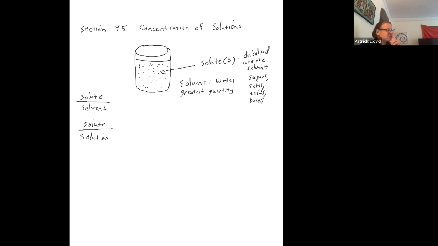So once you've got a solute and a solvent, you've got yourself a solution. So the question then is, which one are we going to use? There's a bunch of different units that are used out there. We're going to use one that's called molarity.